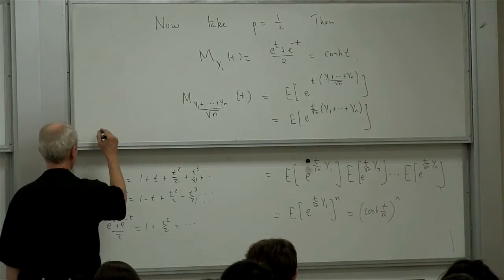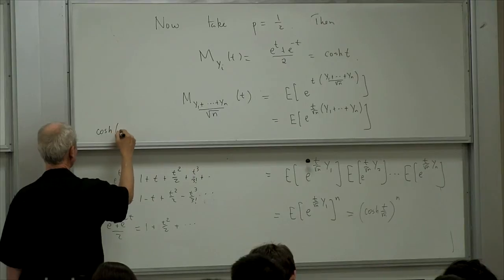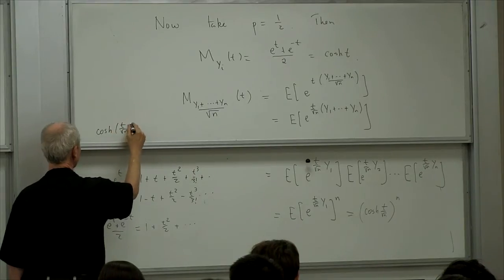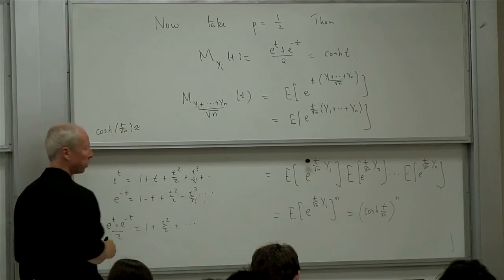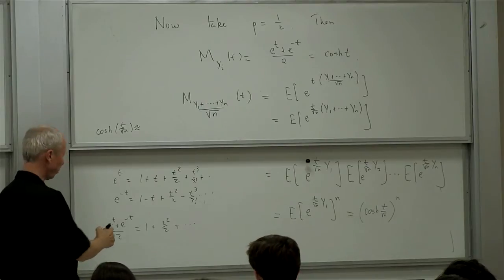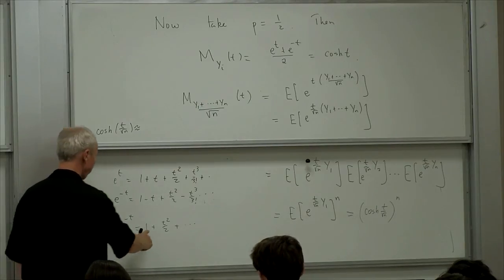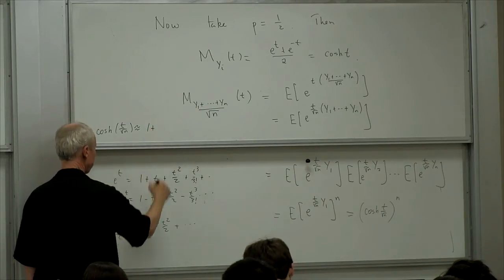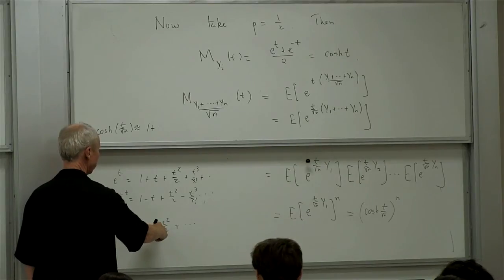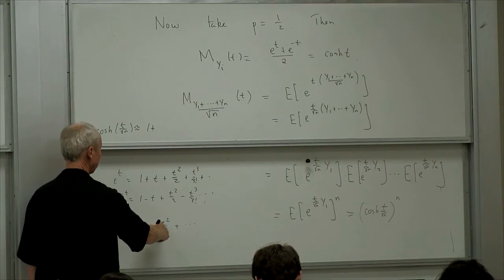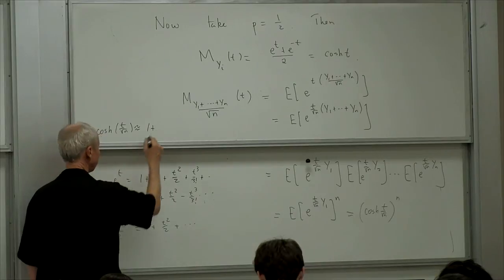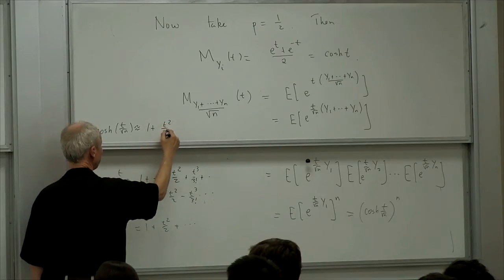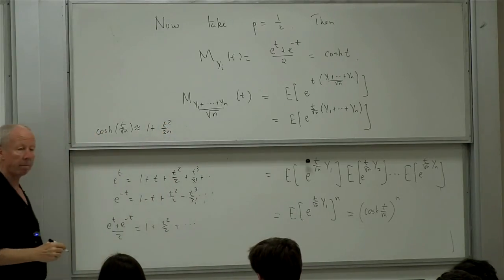So what does hyperbolic cosine of t over root n look like for n large? Only the first couple of terms will matter here. We get a 1 plus, now we replace this by t over root n. What do you get? T squared over 2n. Okay?